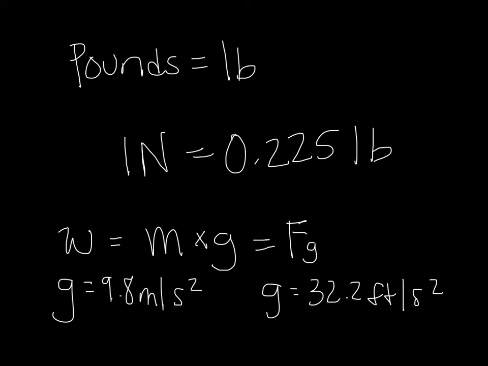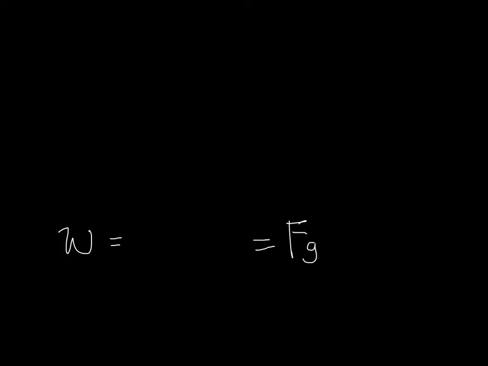So let's draw a diagram that would allow us to visualize the gravitational force of an object. So let's say I have a desk here and I have a computer on top. So here's the screen. Here are all my keys.